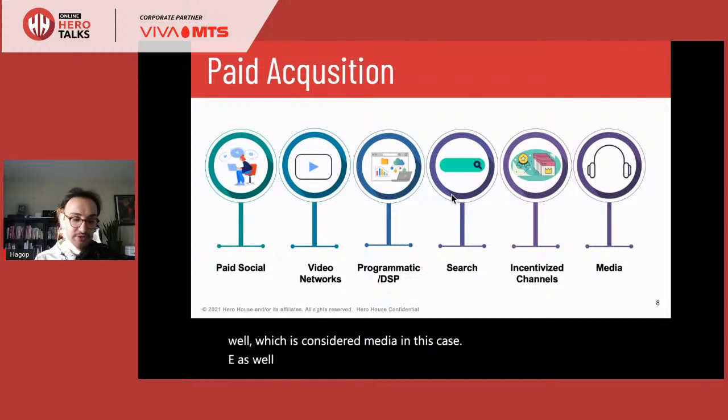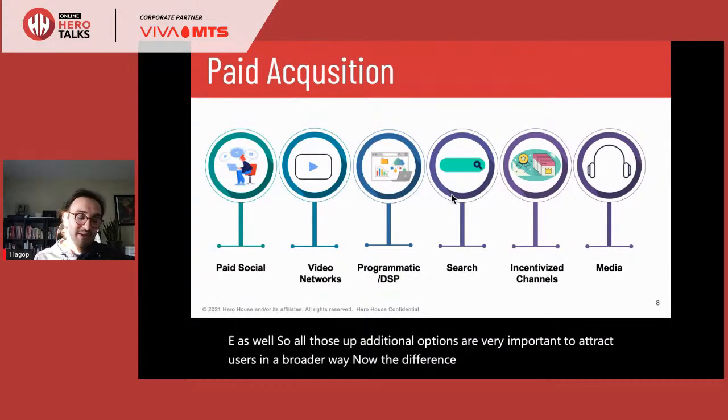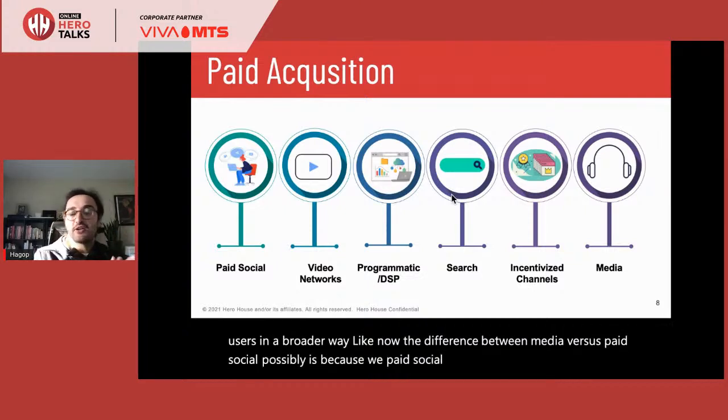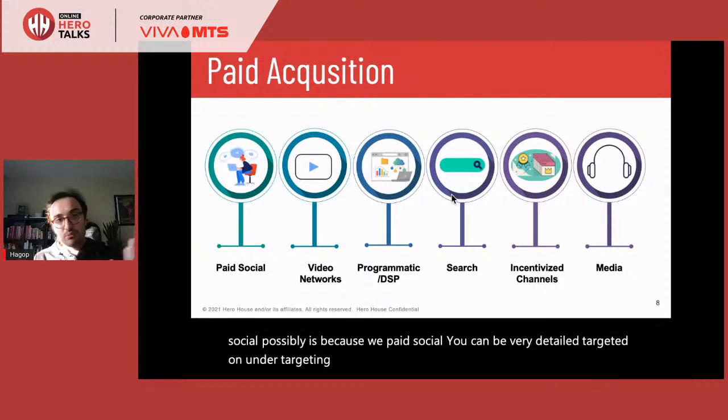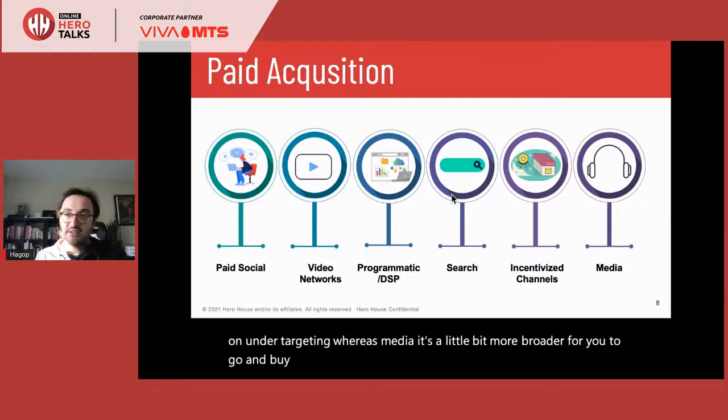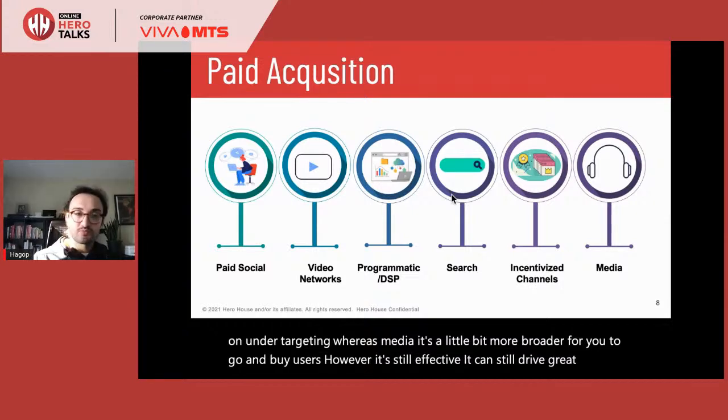So all those additional options are very important to attract users in a broader way. Now, the difference between media versus paid social possibly is that with paid social you can be very detailed on the targeting, whereas with media it's a little bit broader for you to go and buy users. However, it's still effective. It can still drive great results for you.